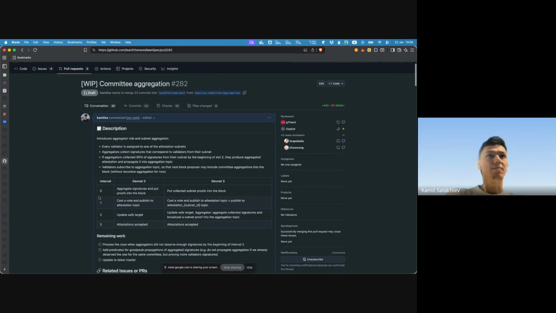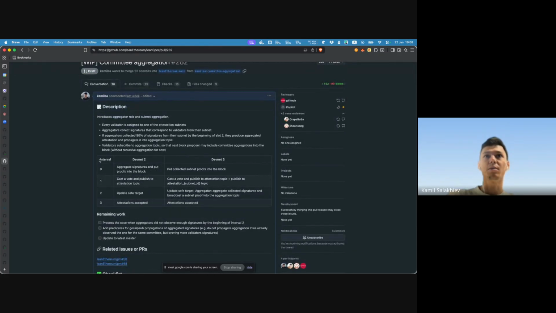So basically, the changes on a high level could be summarized in this table. I try to explain the difference between Devnet2 and Devnet3 in each interval of our 3SF mini slots.